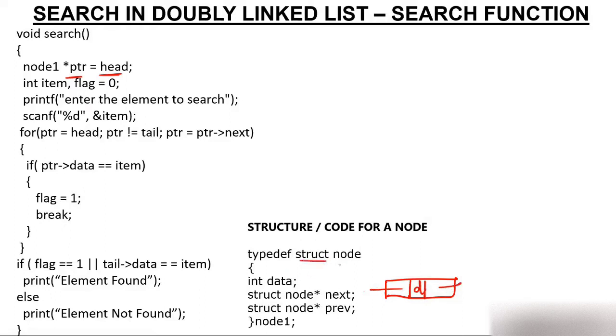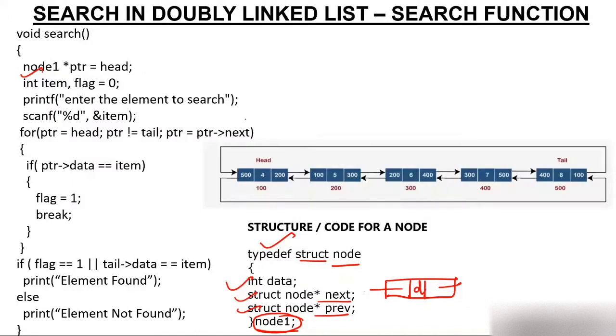So we have created a structure named node, with three parts: one data of integer type, and two addresses, next and previous. Then we have typedef'd it, so node1 represents the entire structure. Instead of struct node, I'm using node1.